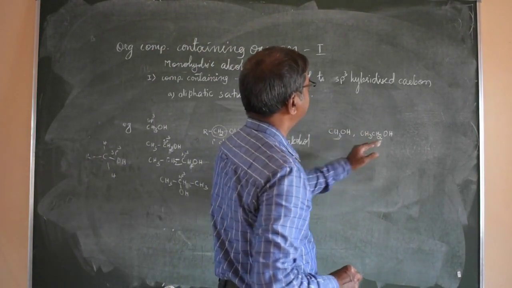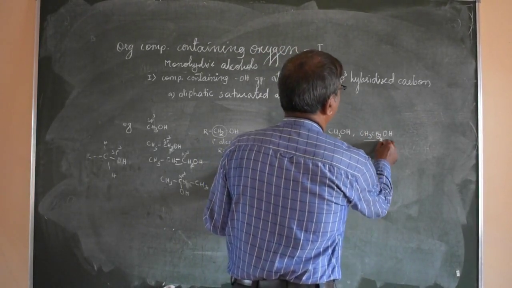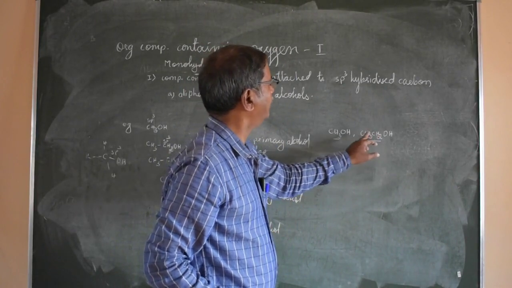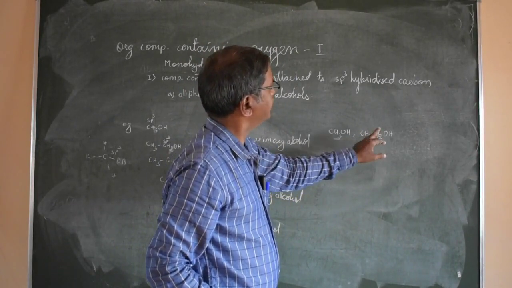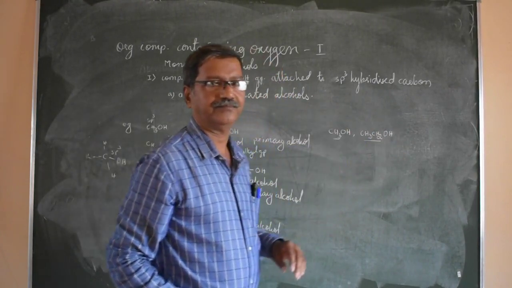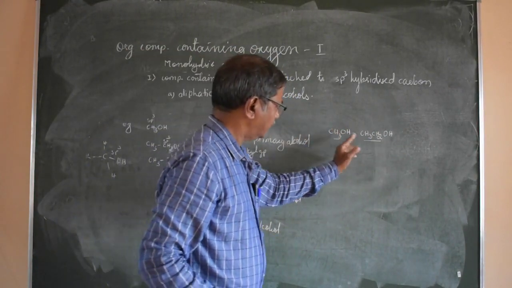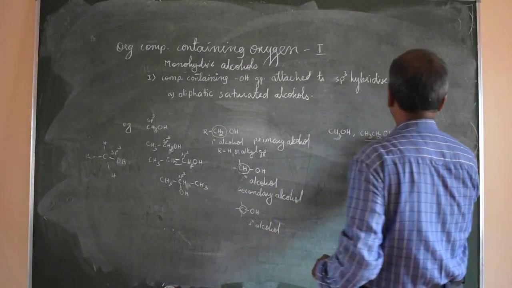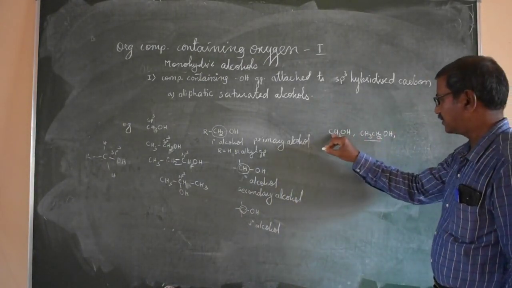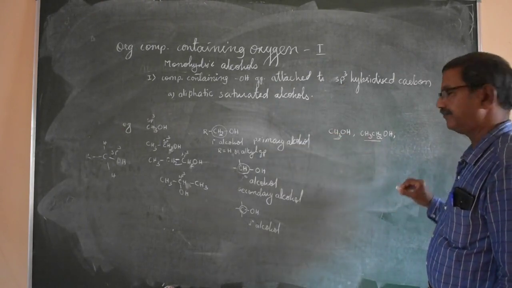C2H5 or CH3CH2 is called ethyl. OH means alcohol. In this case, the OH is attached to the primary carbon, CH2.